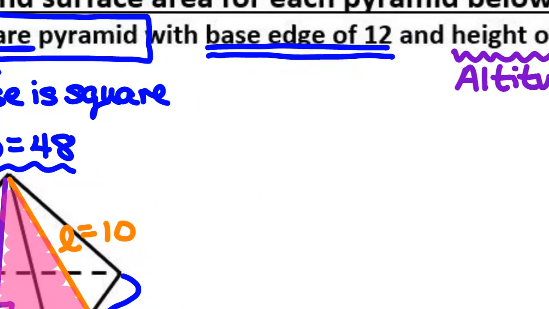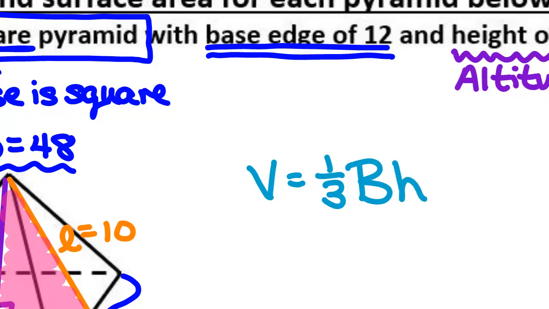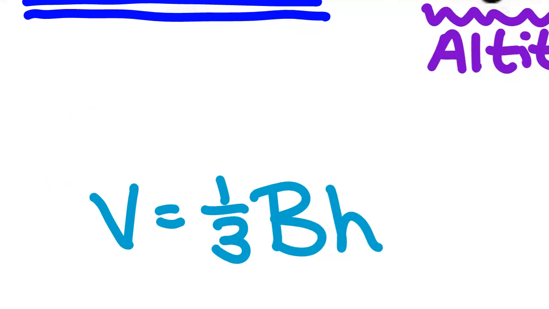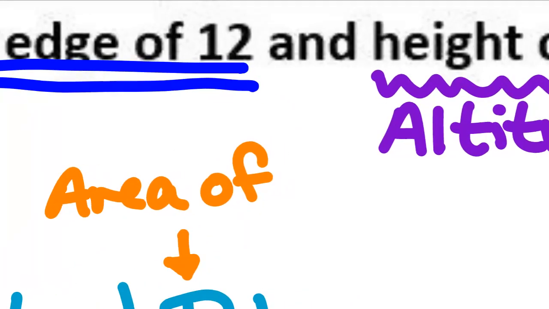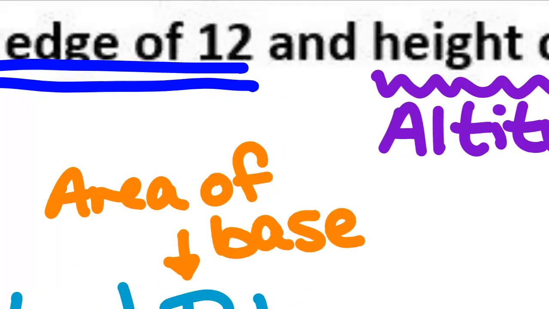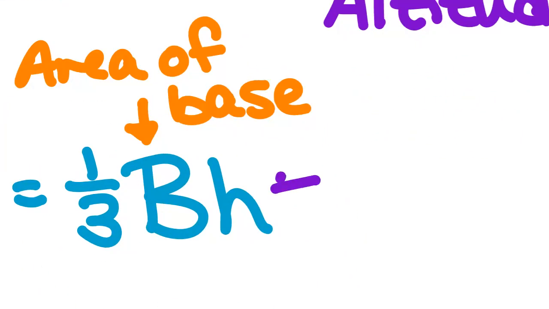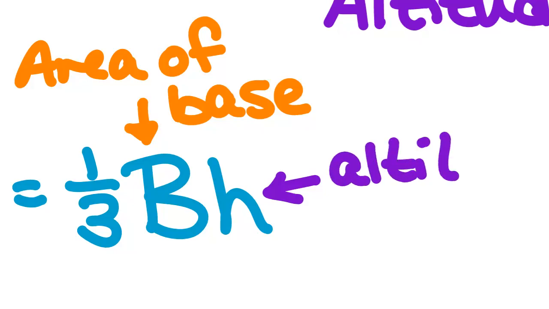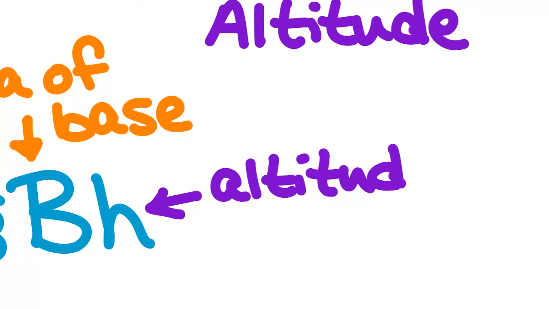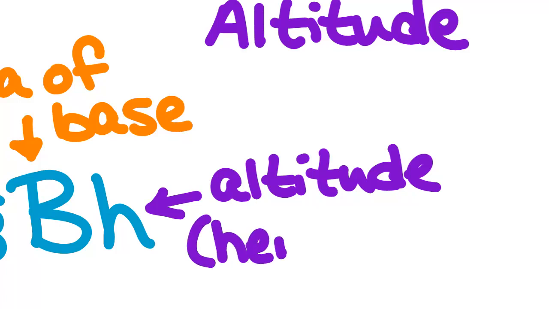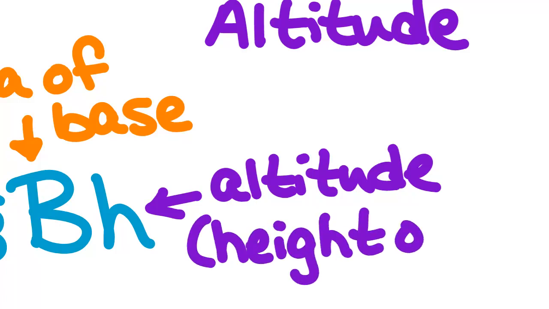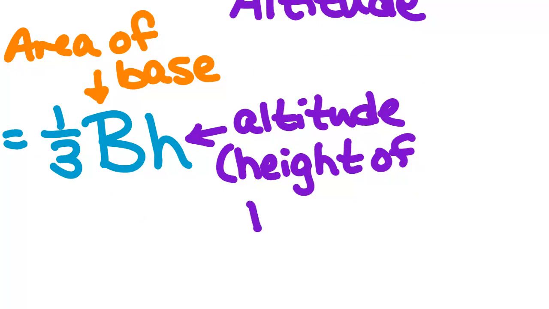All right, let's find volume and surface area. Volume is 1/3 the area of the base times the height of the pyramid, or the altitude. This base is 48, right?